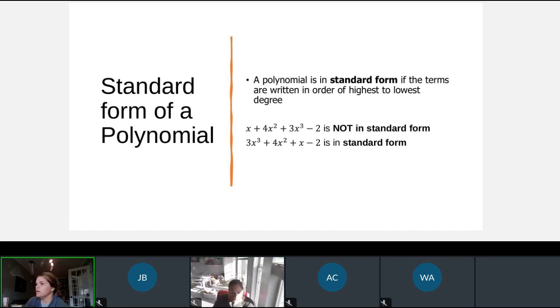Again, it's not wrong. These two polynomials here mean the same thing. They represent the same thing. One is in standard form and one is not. I think it's easier when you write in standard form because then you can make sure you've got all of your like terms.